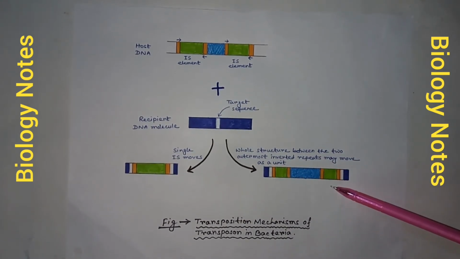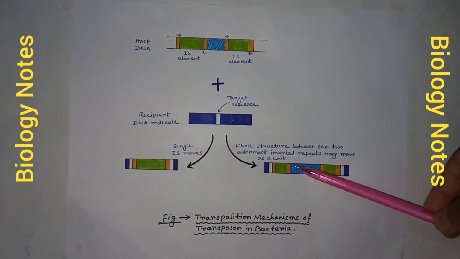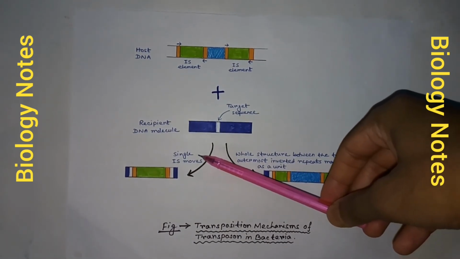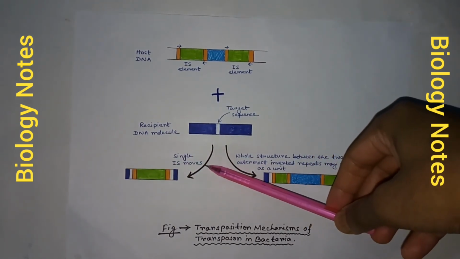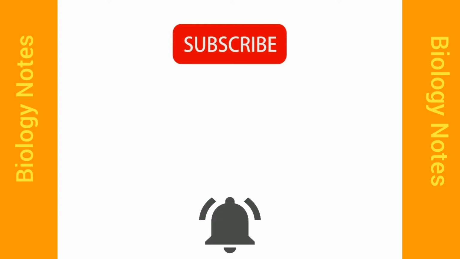Here, the whole structure is transposed. So, two identical insertion sequences can move as two independent transposons or as one composite transposon. So this is all about the general structure and mode of transposition of composite transposons in bacteria.